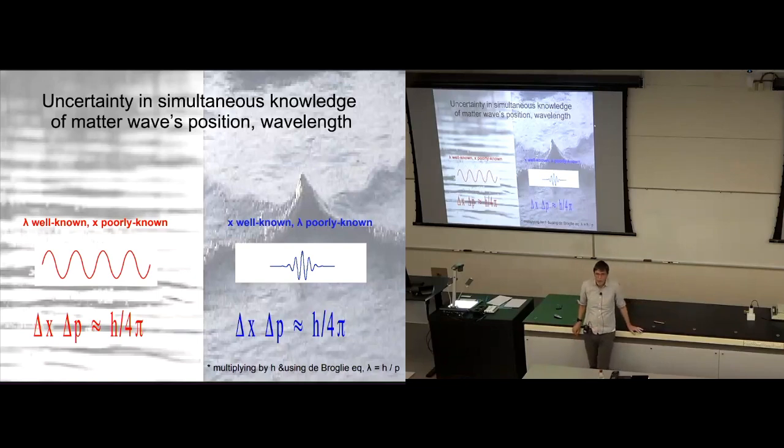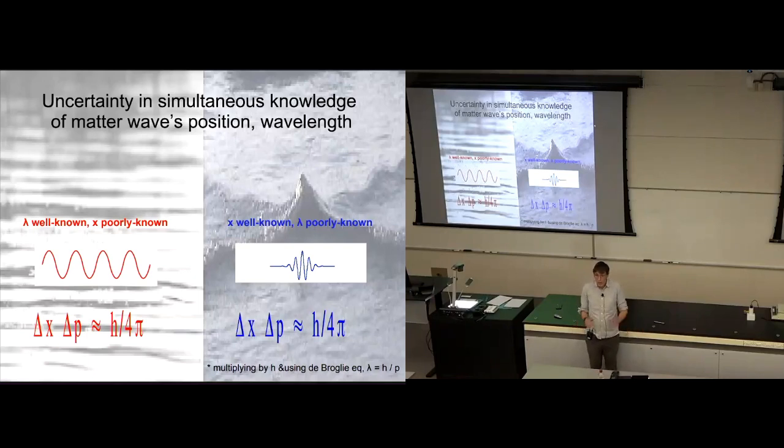We just arrived at it by taking our understanding about ordinary waves, water waves, sound waves, other waves, where we understand that you can't know the wavelength and the position of the wave simultaneously. And then we just applied that to matter waves, electron waves or proton waves, and saw there that you can't know the position and the momentum both well. If one's certain, the other's uncertain, and so forth.